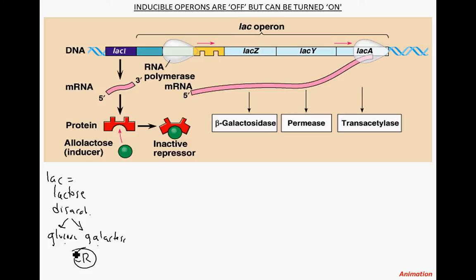So lactose cannot go right into cell respiration. So what has to happen is you need an enzyme, or a series of enzymes, that will break down lactose into glucose and galactose. Right? So those enzymes are, of course, encoded by genes.